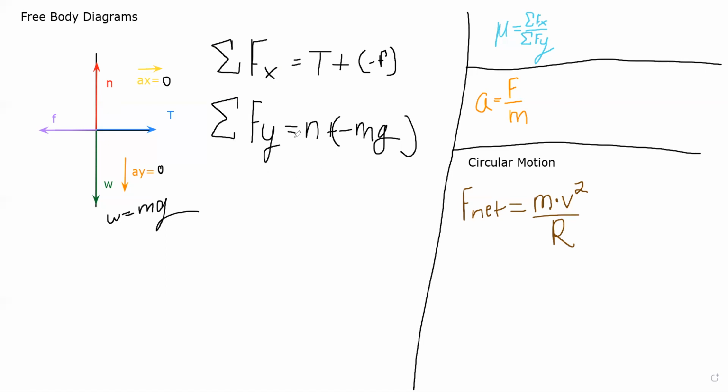And then for your y, it's typically your normal force, as you can see, because it's vertical. Your normal force compared to your weight, which, if you remember from the last video, is your mass times the acceleration of gravity.